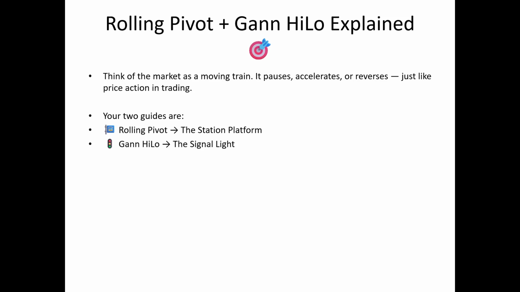That is a signal halt, not a complete trend reversal. You need to understand that it is a pause before the junction, or a pause at the junction, giving you early warning before the trend fully shifts.